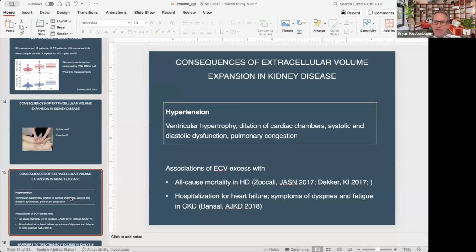Chronic hypertension goes with chronic ventricular hypertrophy and then dilation of the cardiac chambers, both systolic and diastolic cardiac dysfunction, and pulmonary congestion. There's also associations of chronic extracellular volume expansion with mortality and hospitalization for heart failure and symptoms of heart failure. And those are association studies looking at volume overload based on bioimpedance with subsequent outcomes.